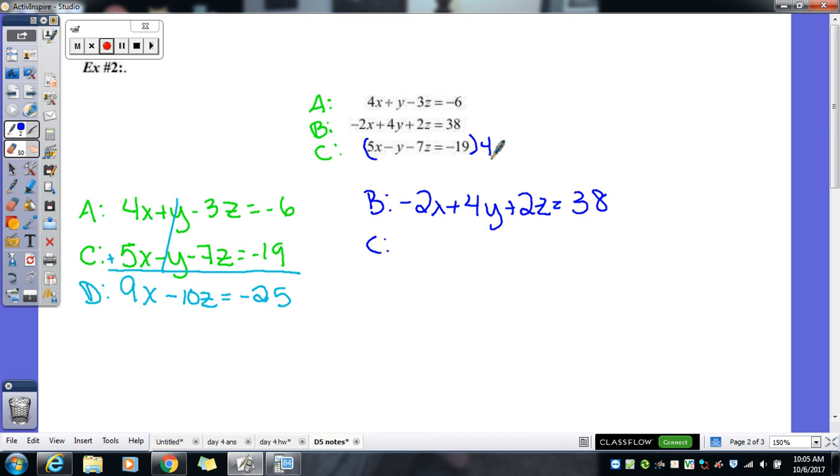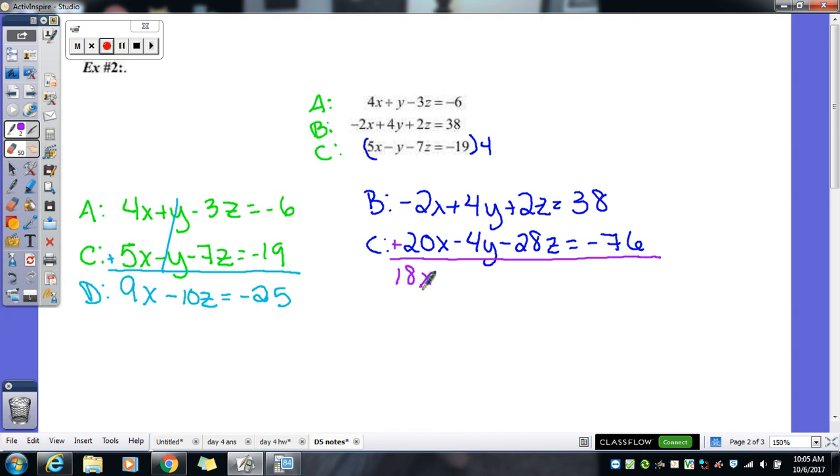I'm going to multiply all that times 4. So I get 20x minus 4y minus 28z equals negative 76, if my brain is working correctly. Can somebody check me on that, please? Negative 19 times 4. Yes, thank you. Alright, so now let's add them together.